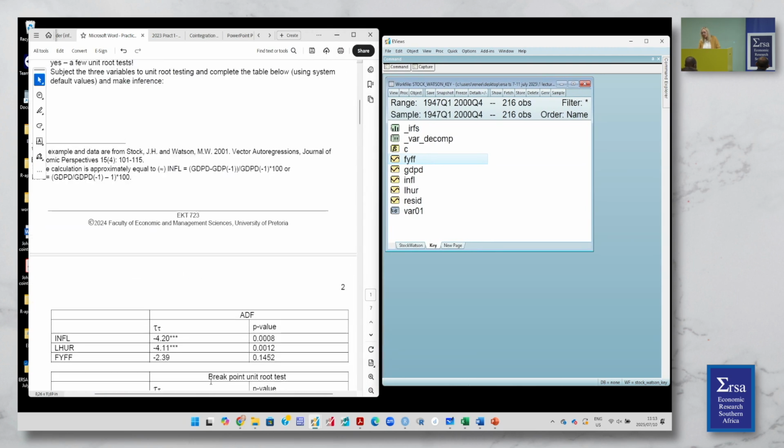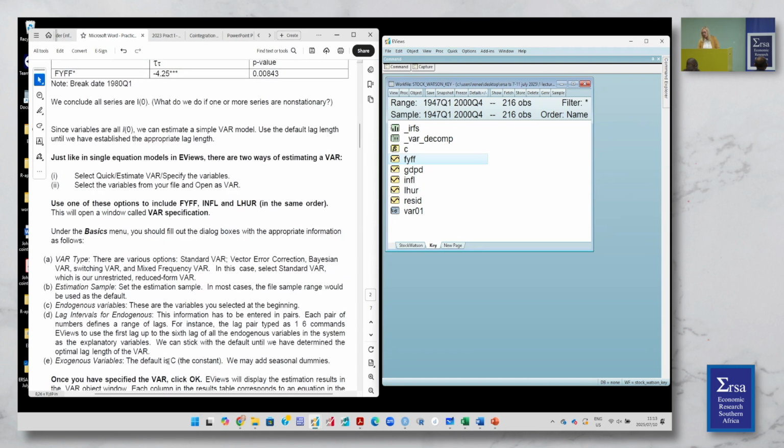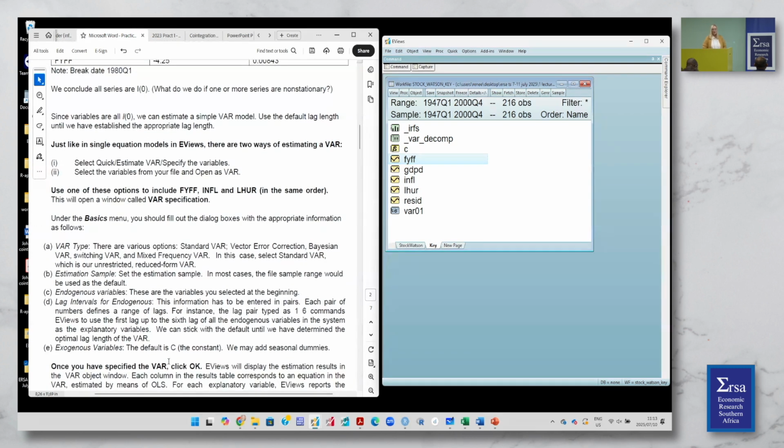So now we want to set up our VAR. If we think about policy rate, inflation, unemployment, which of those will be most exogenous? Sean says policy.